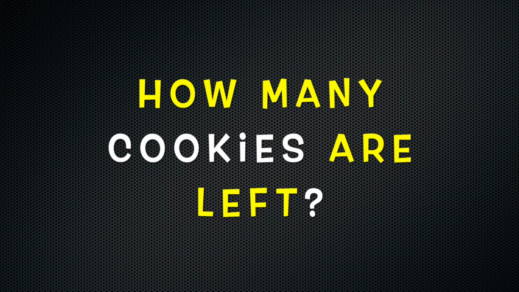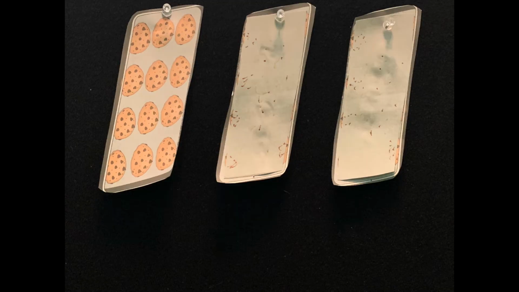How many cookies are left? Let's look at the picture and think about the clue words, how many and are left. What are we going to do? That's right, we're going to subtract or take away.